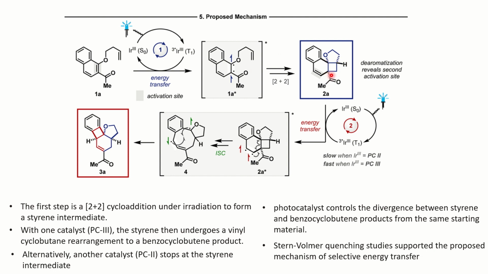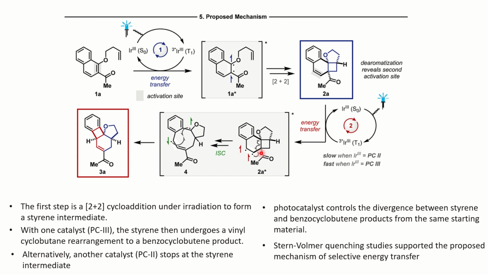Since you're using the iridium photocatalyst, in this step now the triplet energy state of your photocatalyst comes back to the singlet state, and in this process it is transferring some energy which is being utilized by this alkene and forms a diradical in the similar fashion as it has already done in the first step.